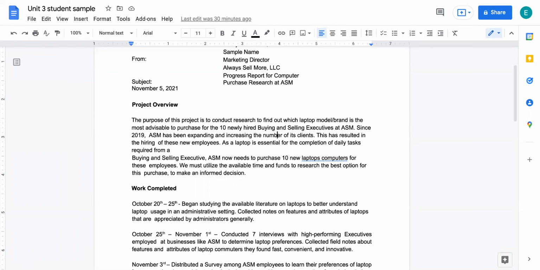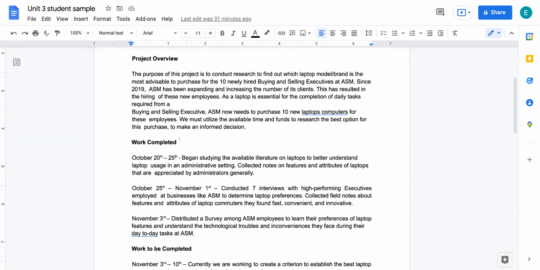That's the purpose of the progress report. You're reporting on your progress of what you promised to do in Unit 2 as far as the research tasks are concerned. So everything you write should be within that context. So keep that in mind.